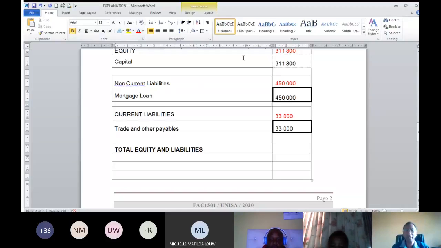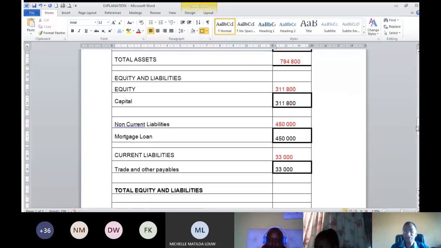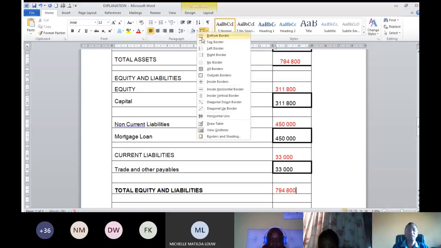And the total equity and liabilities will be the equity of 311,800 plus the non-current liabilities of 450,000 plus your current liabilities of 33,000 rand. If you add that up, it will be 794,800 rand. That is your answer then for the bottom section, guys.